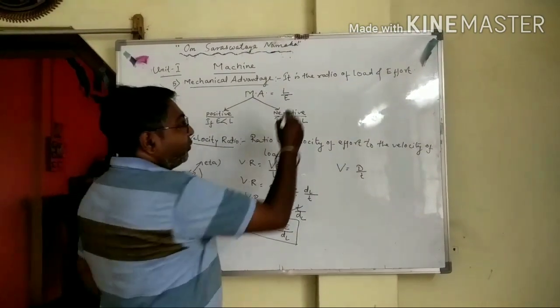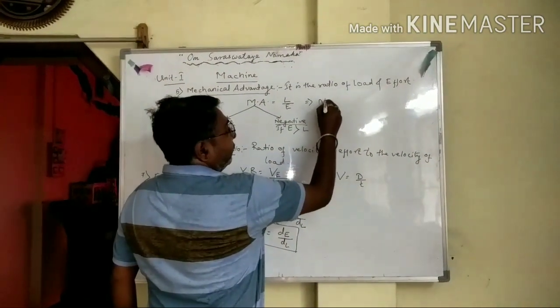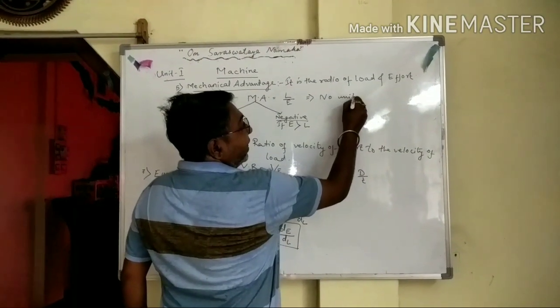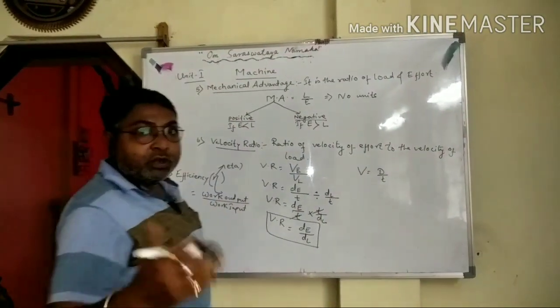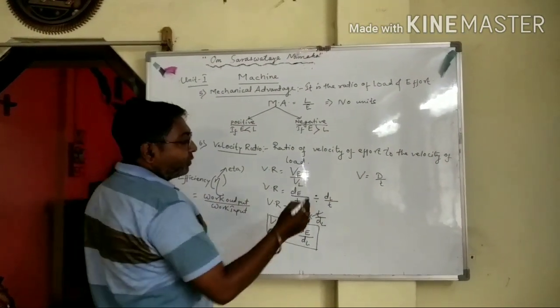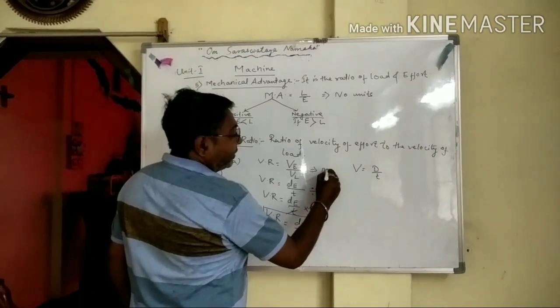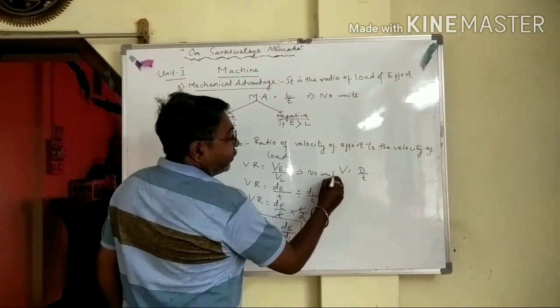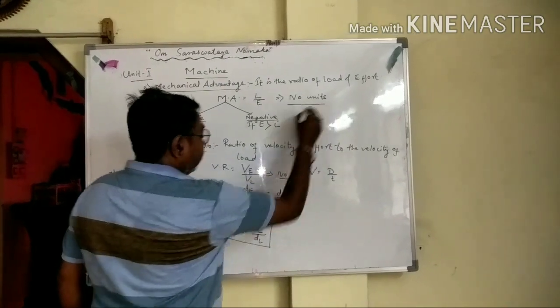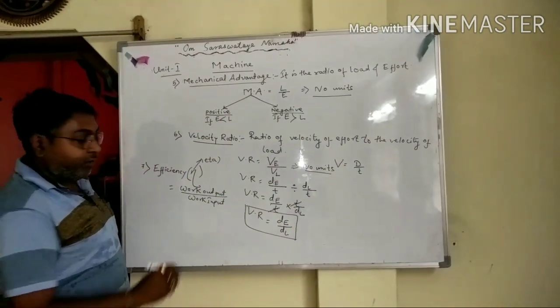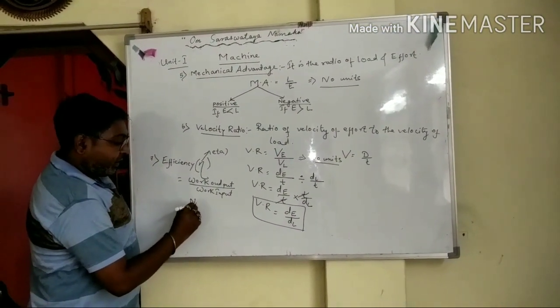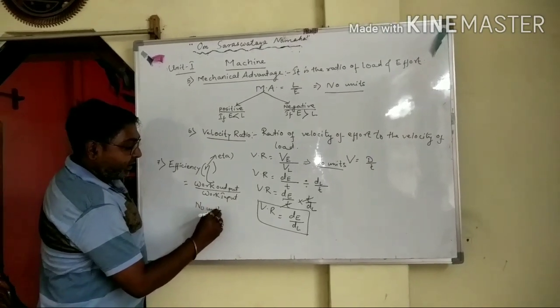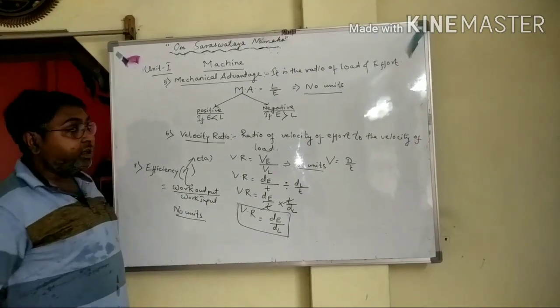So they will have no units, since they are the ratio of two similar quantities. Velocity ratio also will have no units since it is the ratio of two similar quantities. Efficiency also will have no units as it is the ratio of two similar quantities.